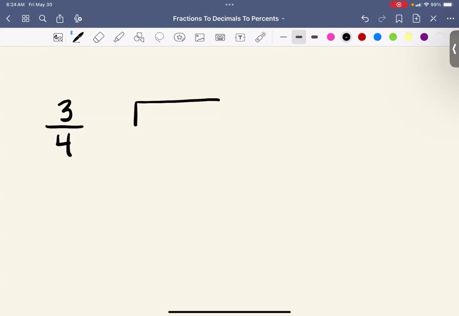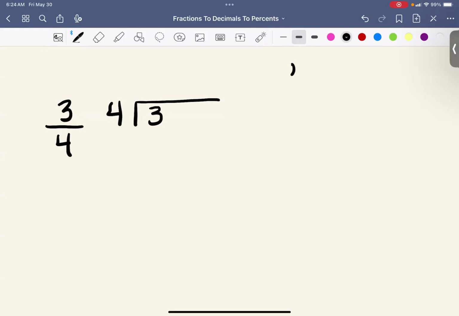Let's do 3/4. So 3 over 4. We got to now rewrite it as a division problem. So 3 goes inside the divide box, which is the dividend, and 4 goes on the outside, which is the divisor.